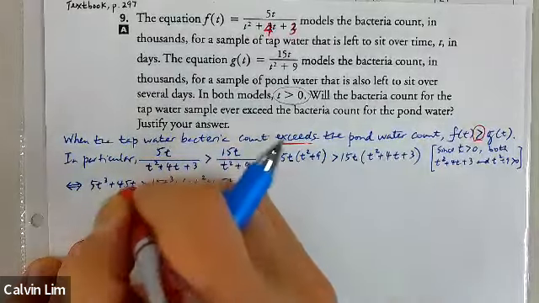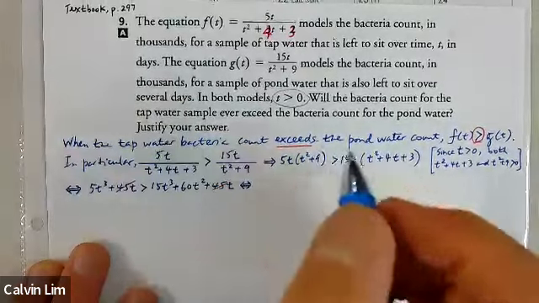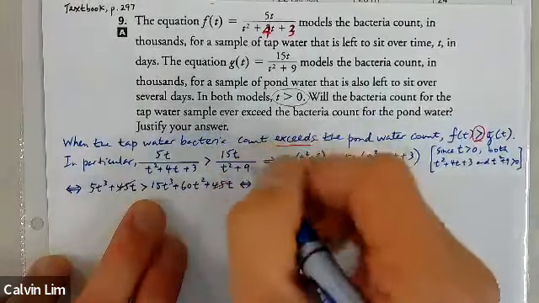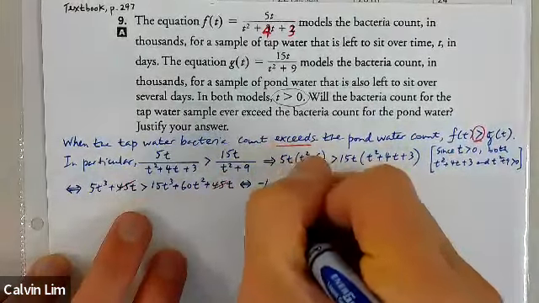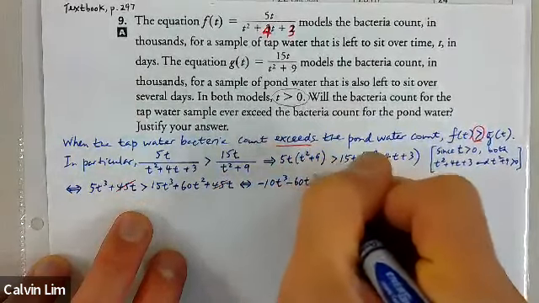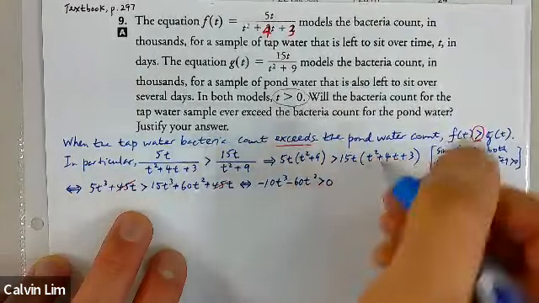Simplifying some more, subtracting 45t and the right side from both sides gives me negative 10t cubed minus 60t squared is greater than 0.